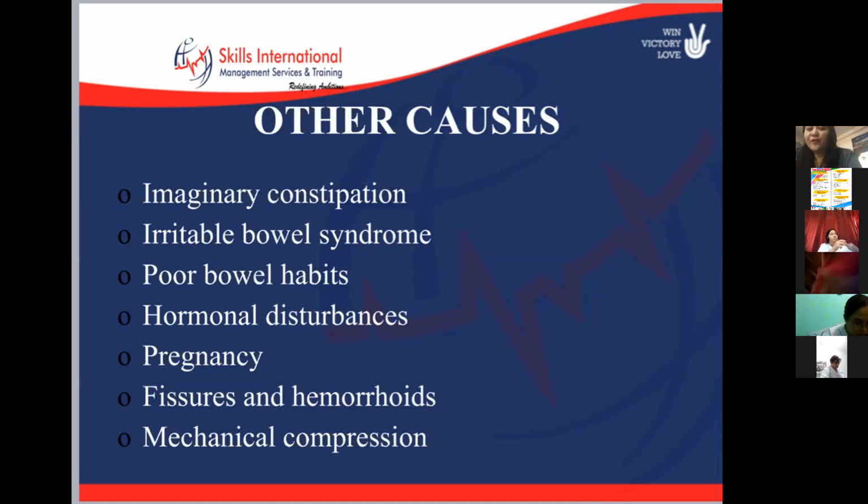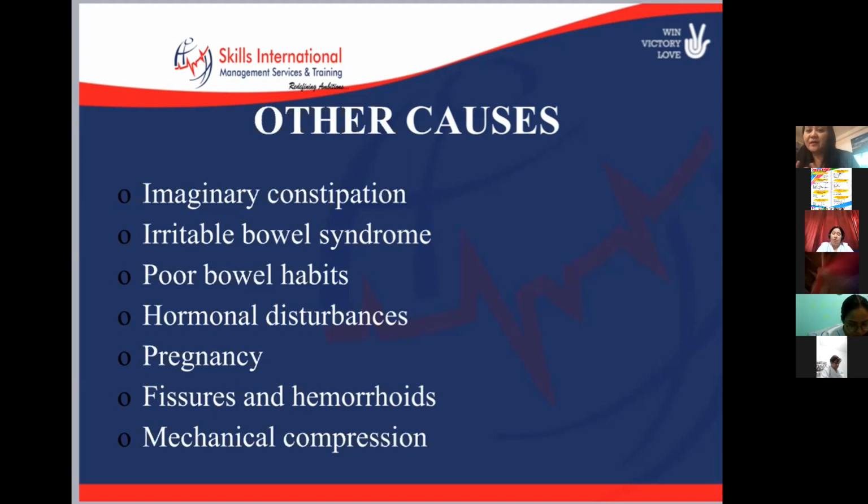So if we have a habit, for example, when you wake up in the morning, you have your breakfast, and then before you take a bath, you go to the bathroom and try to sit a few minutes, and like that until it becomes regular, the bowels will come out.